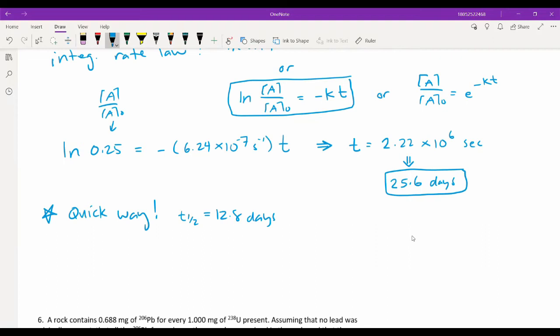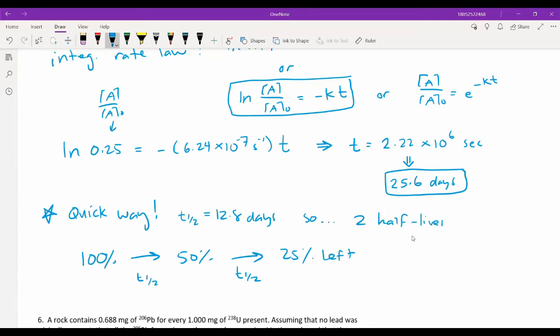It's always the same amount. So if you start off with 100% of your sample or reactant, after one half-life, you're going to have 50% left. Remember, after another half-life, you're going to have how much? 25% left. So this is just 2 half-lives, right? And that's how we get that.